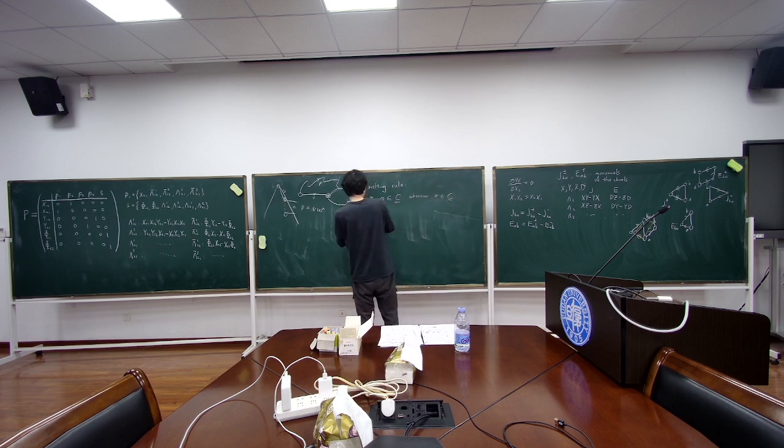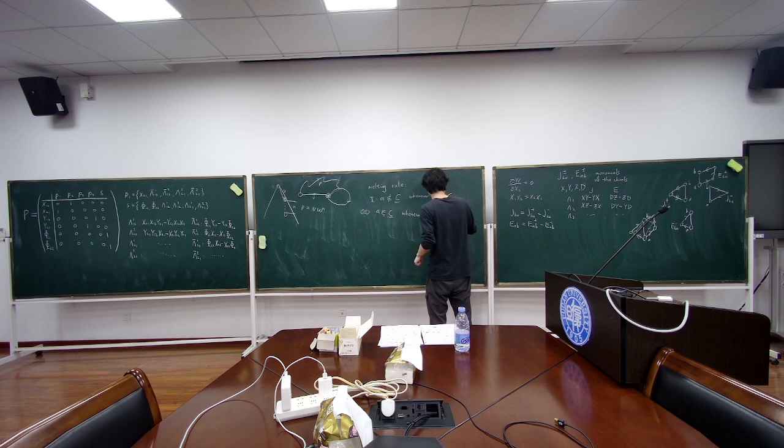And this is going to say A is not in the crystal whenever I dot A is not in the crystal, whenever A is not in the crystal, and this is equivalent to say A is in the crystal whenever I dot A is in the crystal.